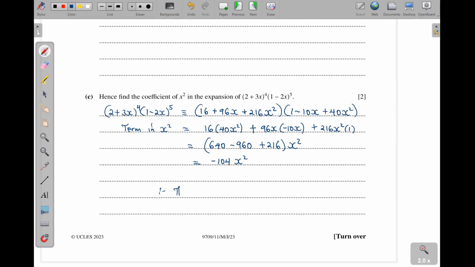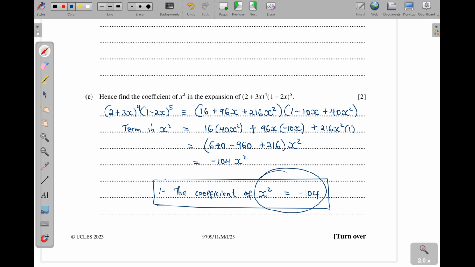Therefore, the coefficient, they never asked for the term in x squared, but the coefficient of it. So the coefficient of x squared is equal to negative 104. That is that. Please, when you are writing this, do not say x squared is equal to negative 104. No, it is the coefficient. Clear?